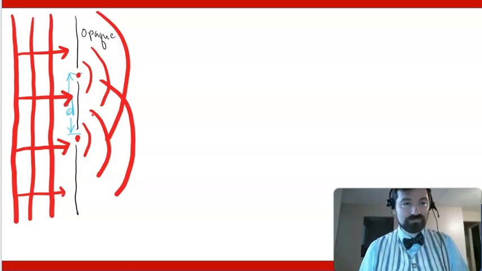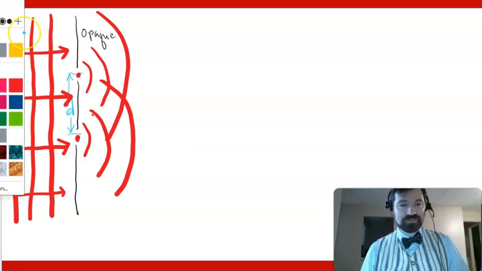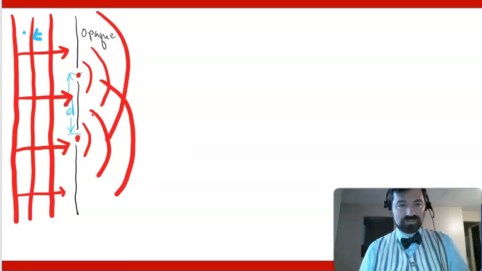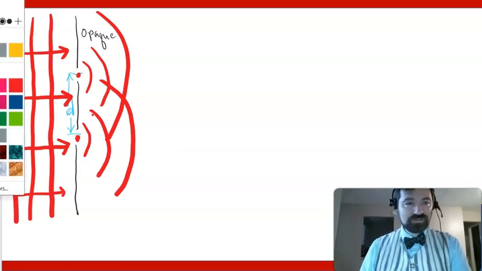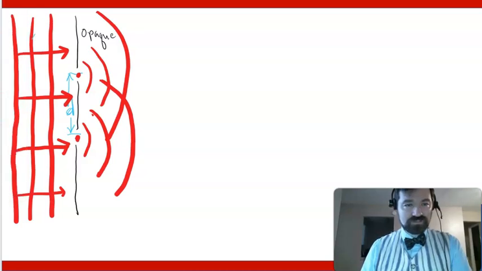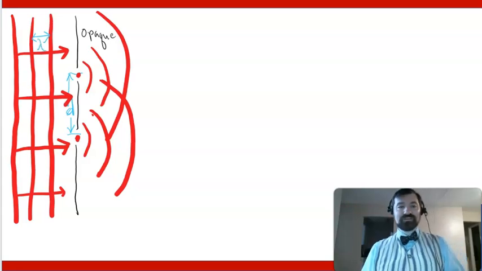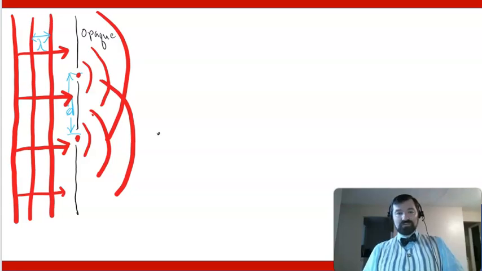Okay, so if I come back here and label some distances, this distance right here would be representative of one wavelength, lambda, for our light. Okay, we allow these to propagate, and I'm just going to do a little ellipsis here, and I'll redraw this diagram on another slide.